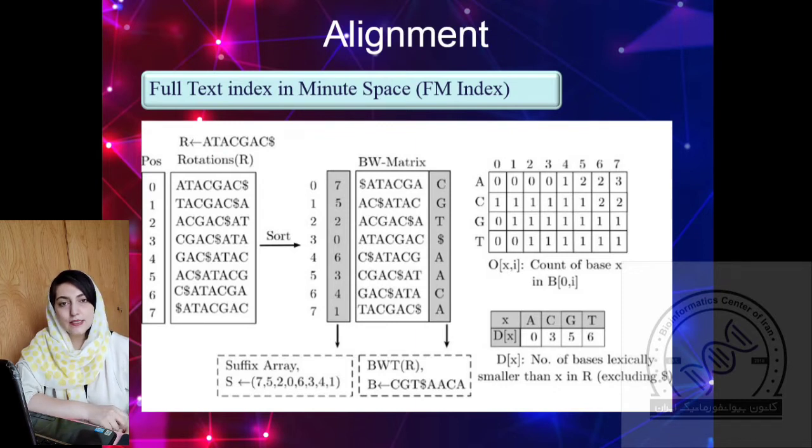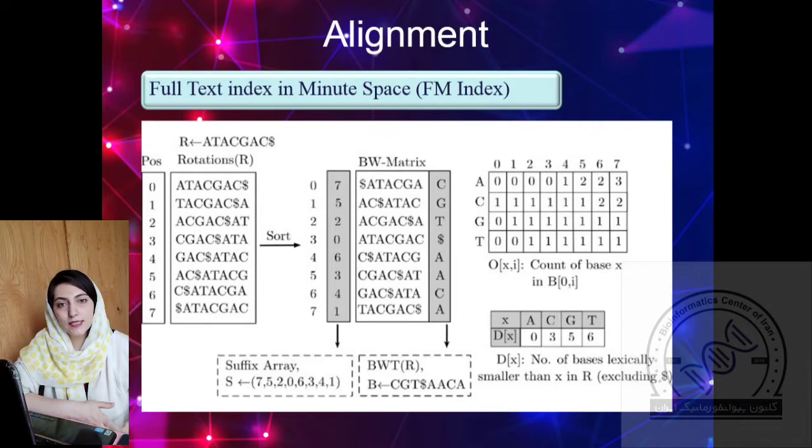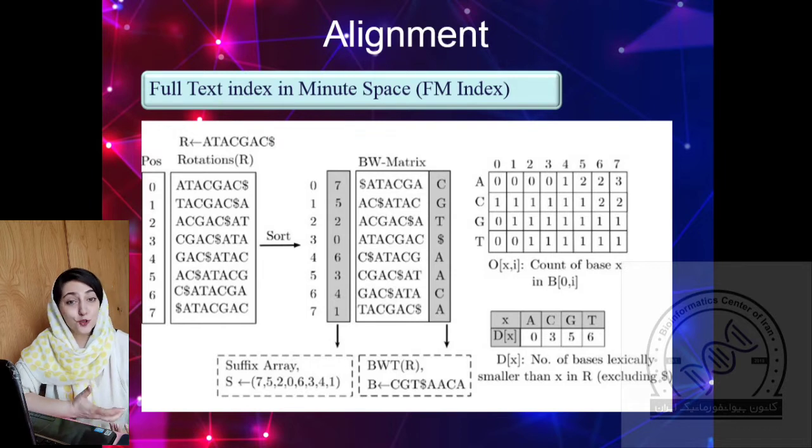FM index is based on the BWT algorithm. It's similar to suffix array, but it has a shorter runtime and smaller memory usage.